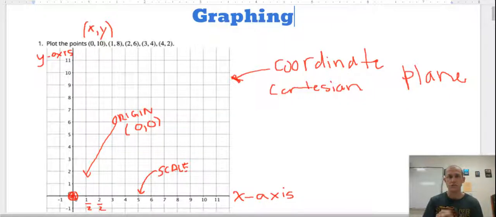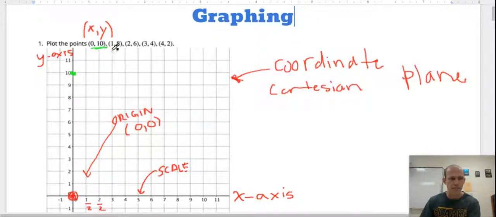If you ever get to three-dimensional space, the third one would always be z. There's an x, y, and z axis that kind of juts out of the screen here. But we don't have to worry about that in 7th grade math. So first one's always x, second one's always y. So if I see 0, 10, that means I need to go 0 horizontally and up to 10. So that is 0, 10 right there.